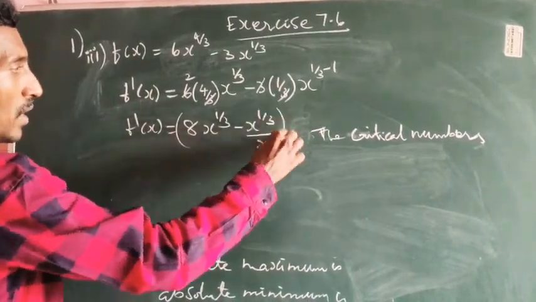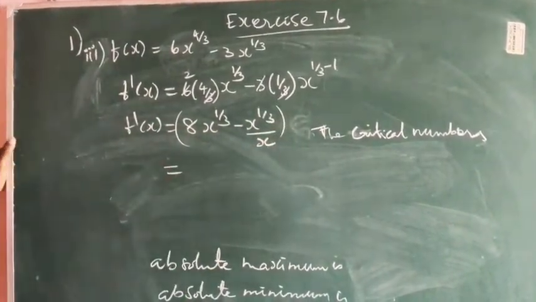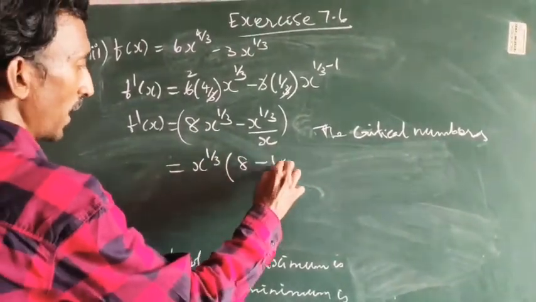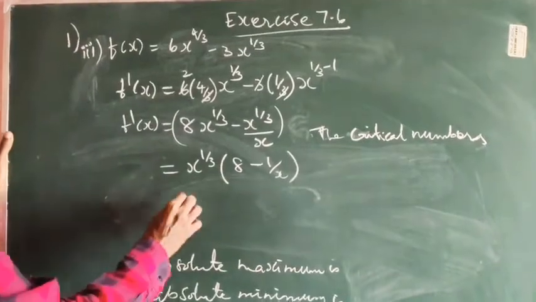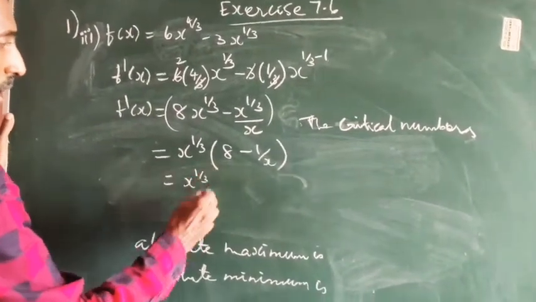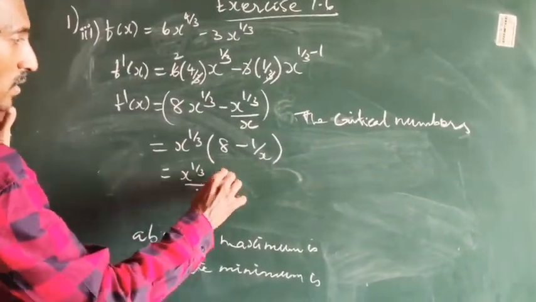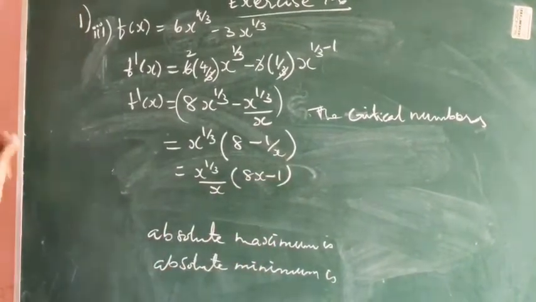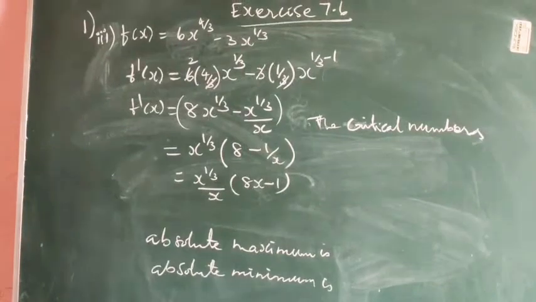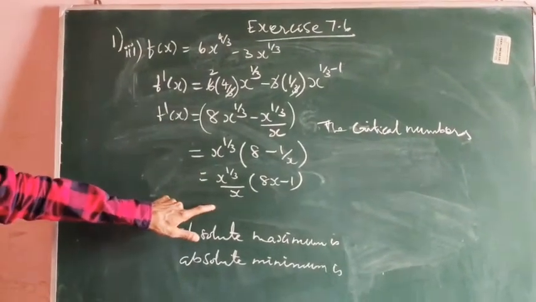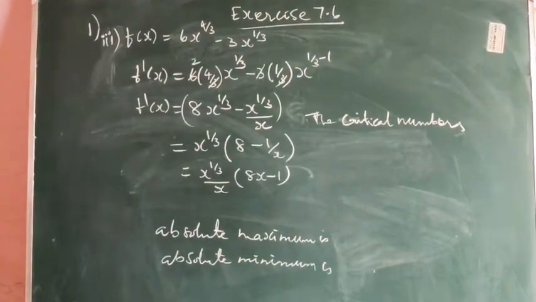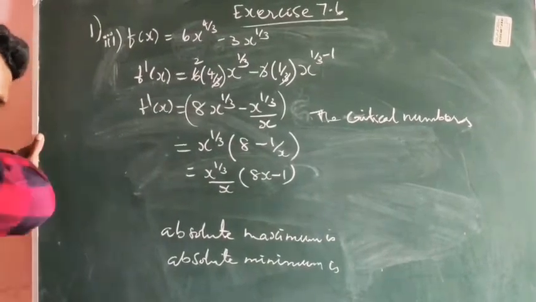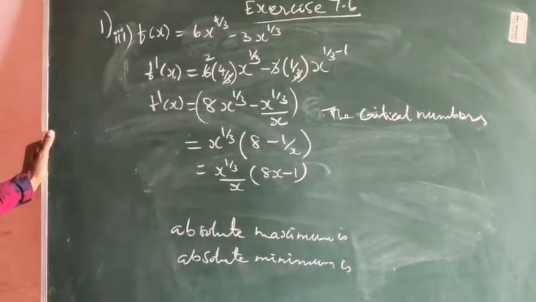Are you clear? So here we can take x power 1 by 3 in common: x power 1 by 3 into 8 minus 1 by x. So x power 1 by 3 by x into 8x minus 1. Simplify.